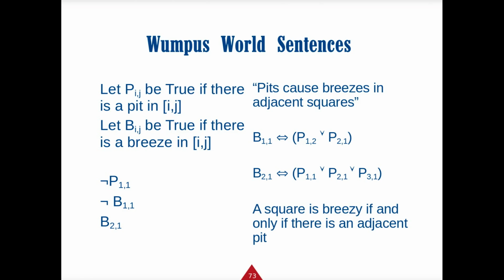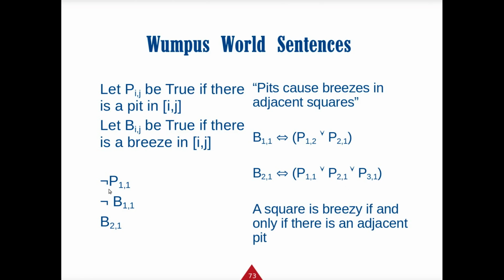The example we used from the beginning is the Wumpus world sentences. How do we figure out where the pits are? We have a set of sentences where we let Pij be true if there's a pit in that square, and let Bij be true if there's a breeze. So we can say there's a breeze in 1-1 if and only if there's a pit in P12 or P21, and there's a breeze in 2-1 if and only if there's a pit in P11, P22 or P31.